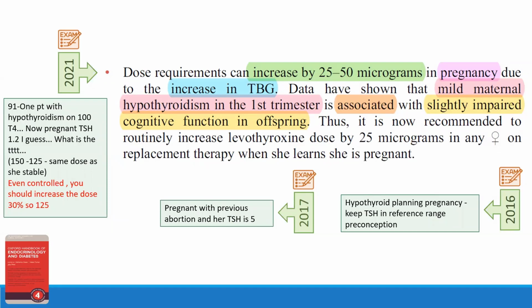And actually, in our previous exams, they mentioned a question like this, but the FT4 is lower than normal, and they gave the option to increase the dosage by 25 or 50 microgram. As the FT4 is low, in this situation I should increase the dosage by 50 microgram per day.